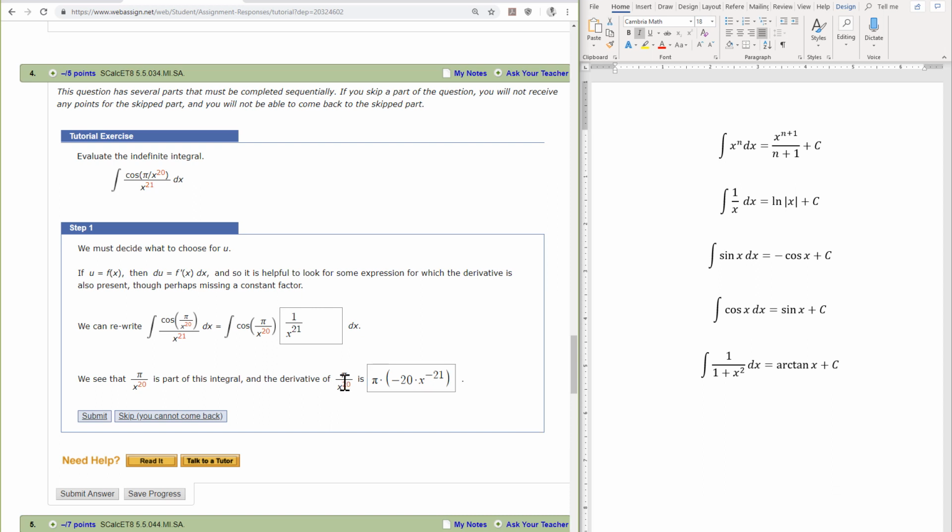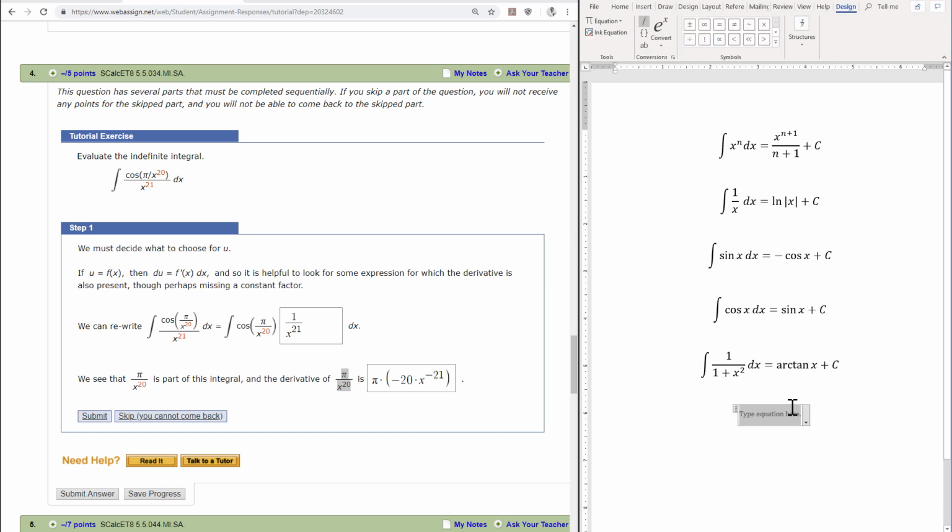But maybe we'll look at this off to the side. If we take a look at d/dx of pi, now instead of dividing by x to the 20, let's write it as x raised to the negative 20.